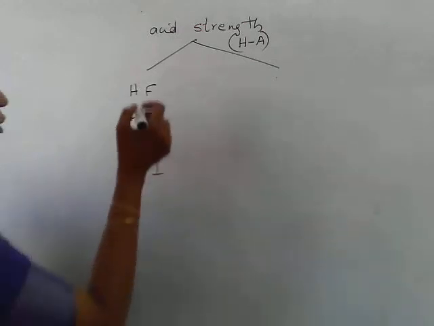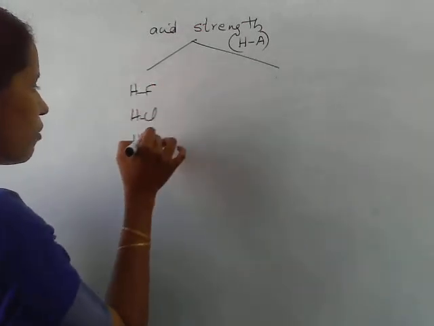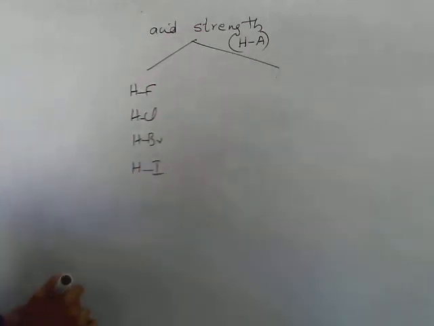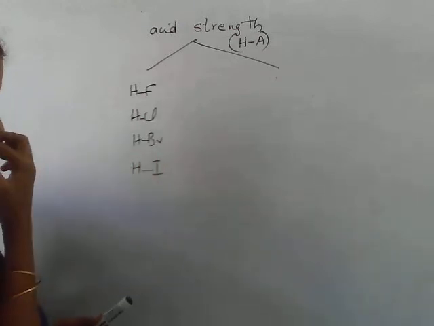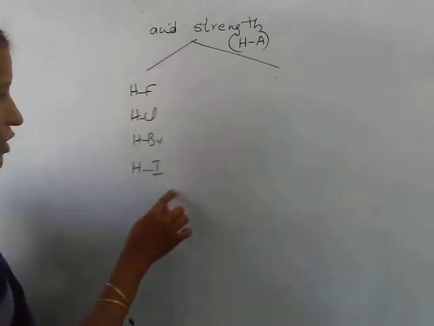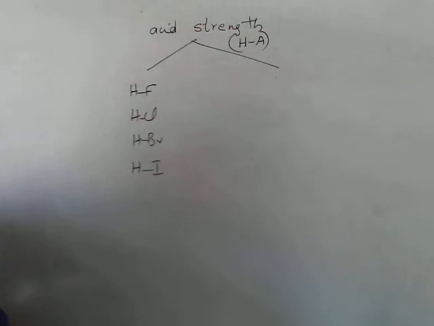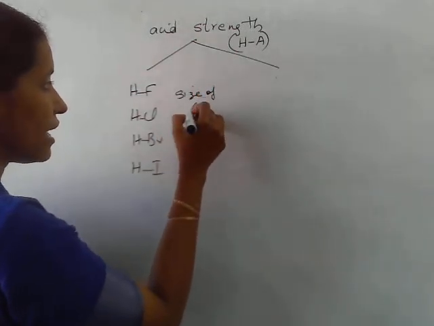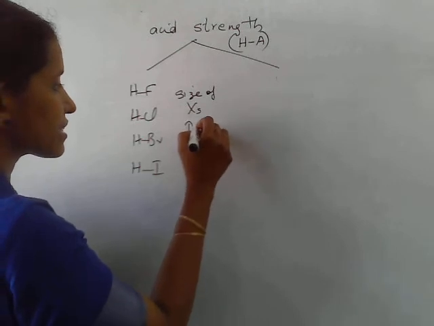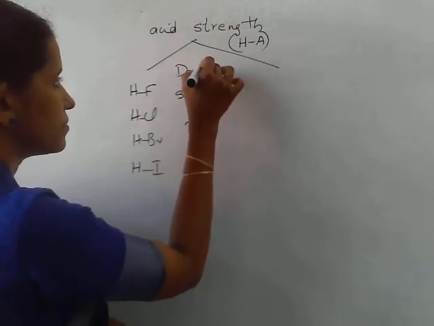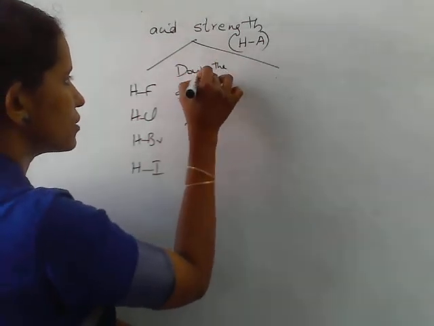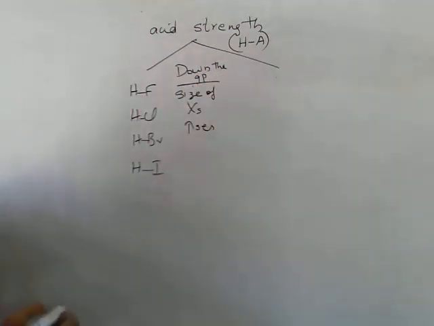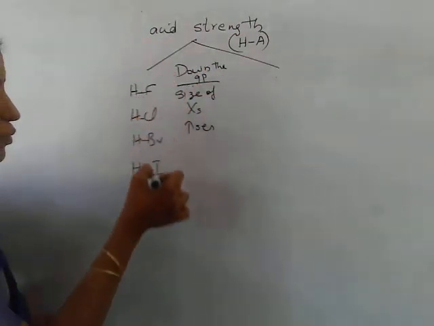If you compare the bond strength of hydrogen and halogen, down the group we know the size of the halogen increases. Down the group, the size of the halogen increases.